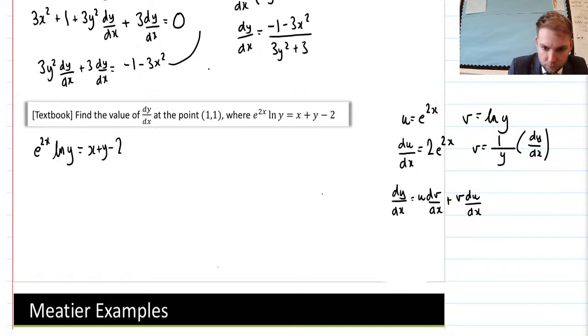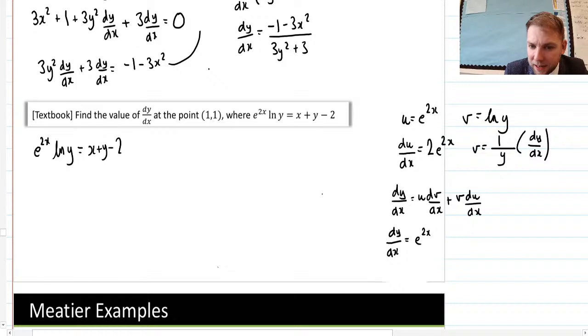So, with this one here, dy by dx is equal to u, which is the e to the 2x, times by dv by dx, which is 1 over y dy by dx, plus v, which is ln of y, times by du by dx, which is times by 2e to the 2x.